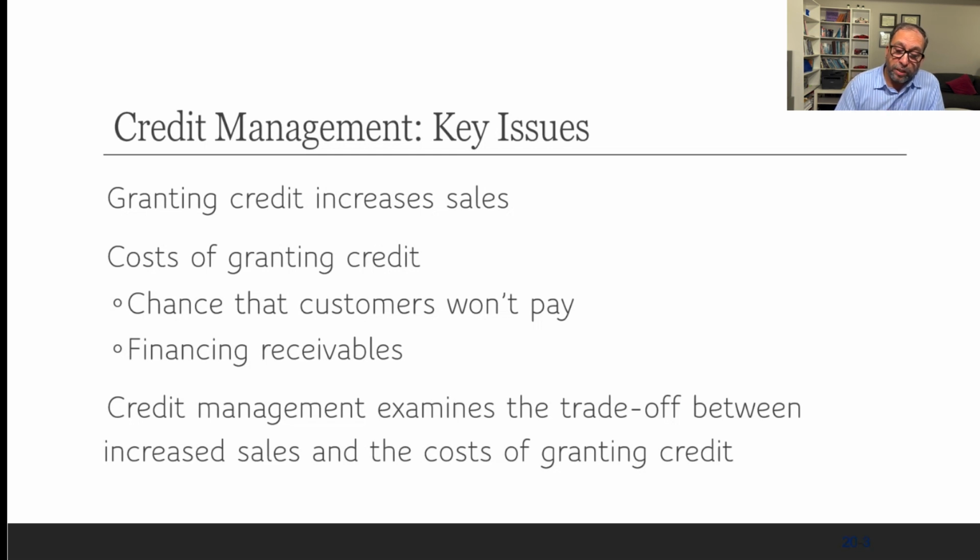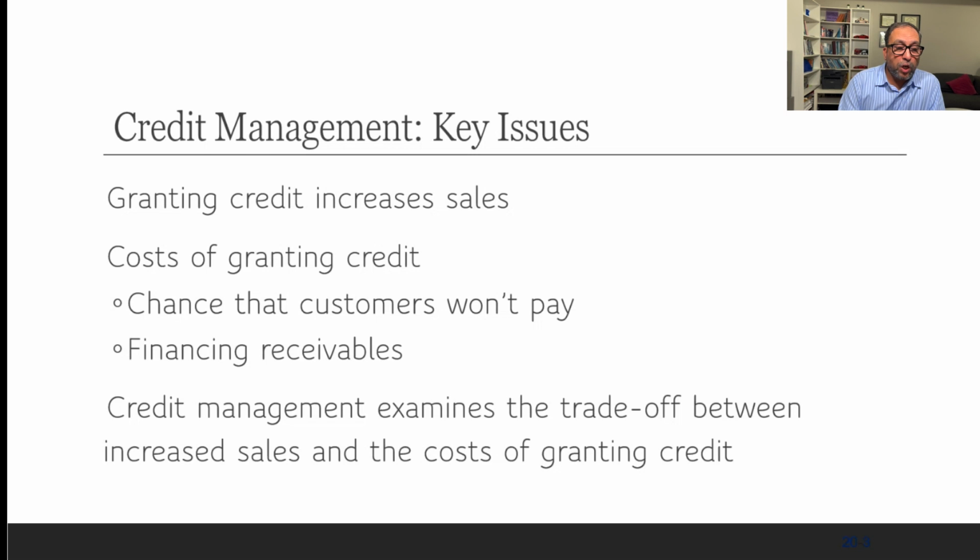The second cost is that the money we get comes after 30 or 45 days. So we have to bear the cost of this money being held, the time value of money. We lose the opportunity cost of using that money. In a simple way, we need more working capital to sell goods and services on credit.